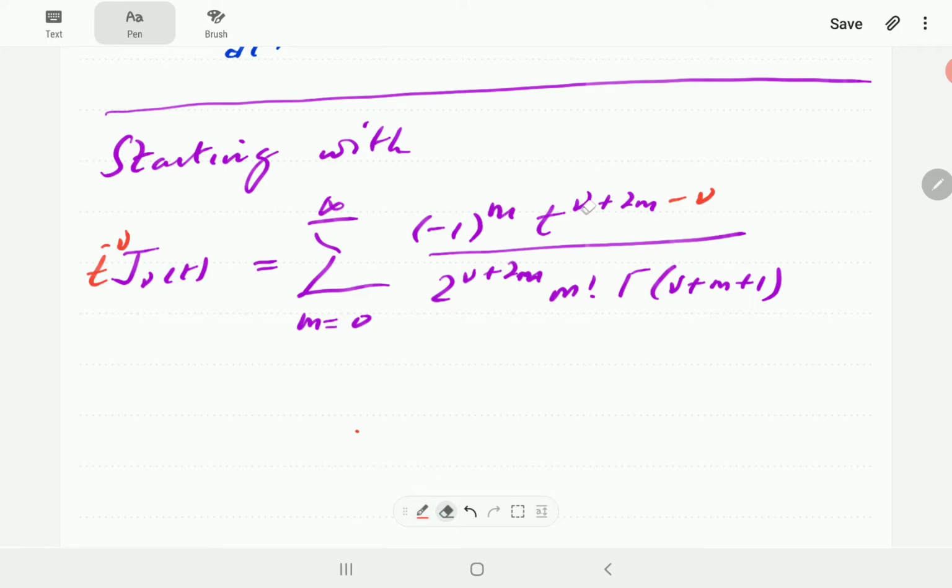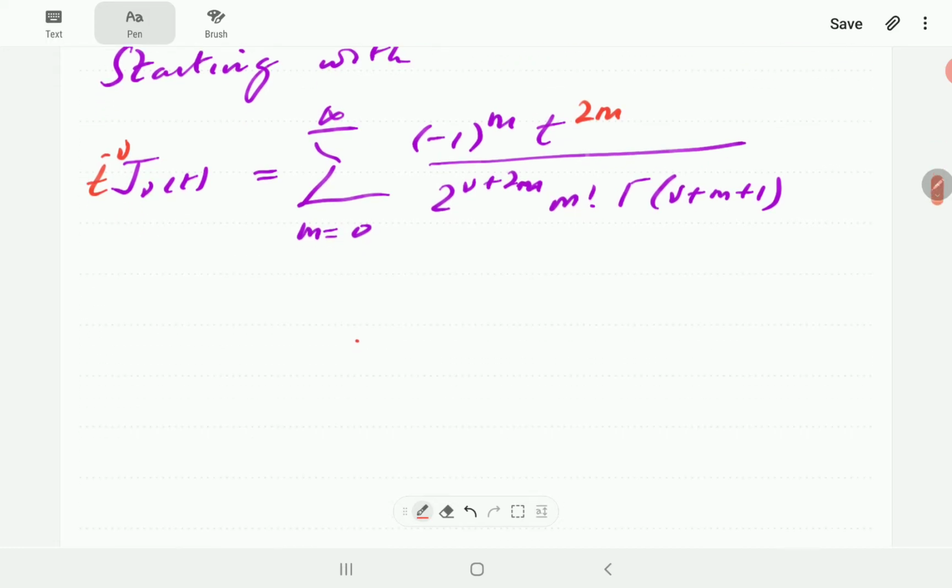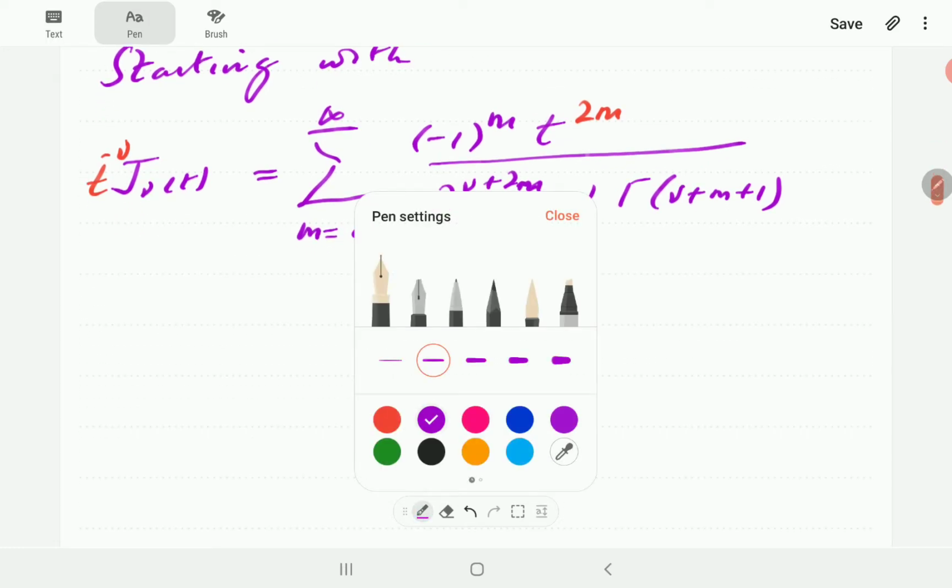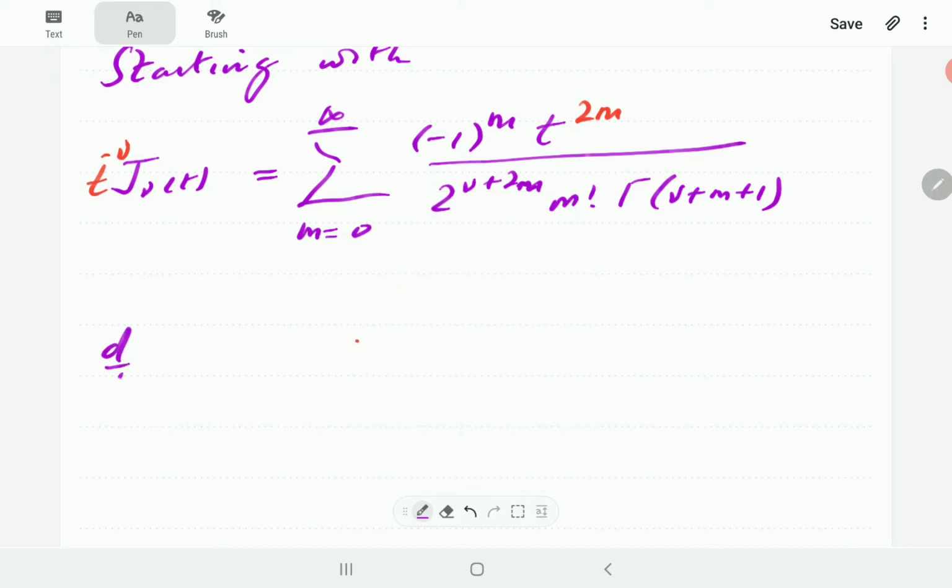So that means this is just going to be t to the power 2m. And then differentiating on both sides, this is what we're going to end up with. By the way, this is the same as t to j nu divided by t to the power nu.